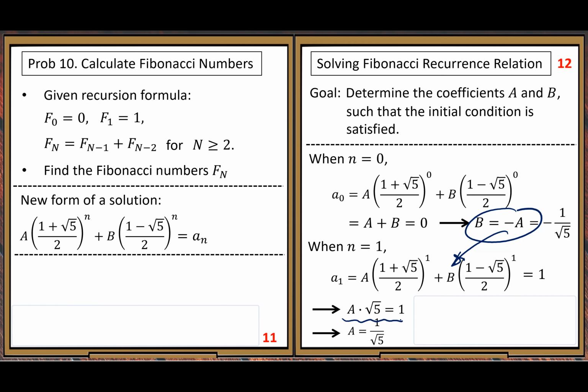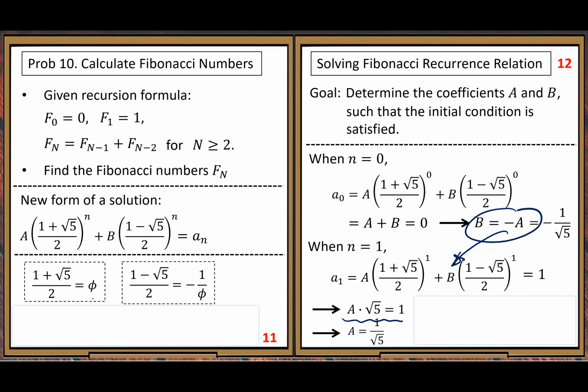Now we have determined the values for a and b, so you can put them back into the original formula. So we get our Fibonacci number formula, and this time we can replace that 1 plus root 5 over 2, the golden ratio, with the expression phi.